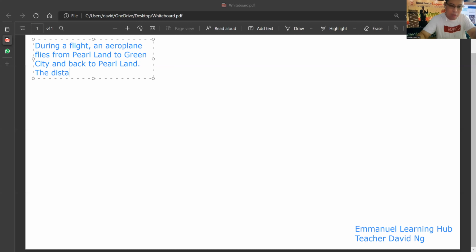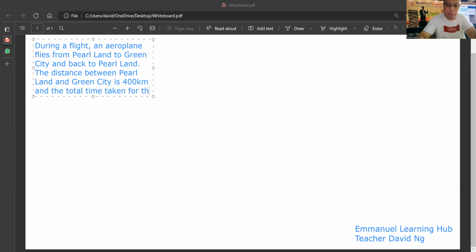The distance between Herland and Green City is 400 kilometers, and the total time taken for the whole journey is 5 hours.